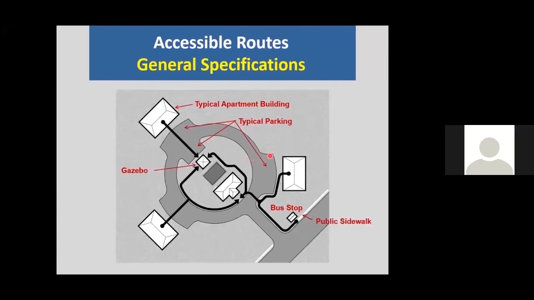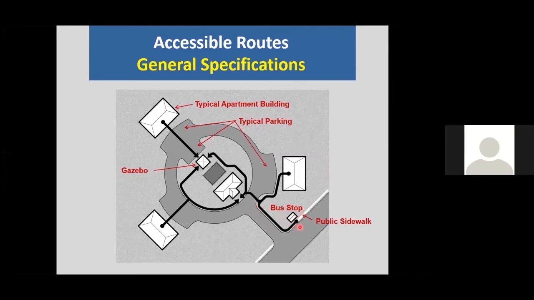And this gives you a visual of where an accessible route needs to start and connect to throughout the site. This requires an accessible pedestrian route that is intended for use by pedestrians and that is safe for people with and without disabilities from all site arrival points to public and common use spaces and dwelling units that are subject to these requirements.